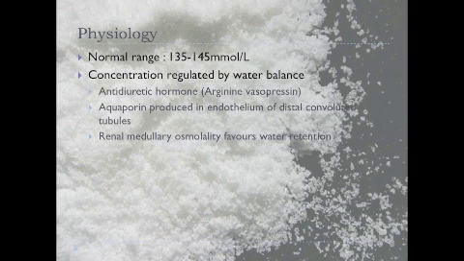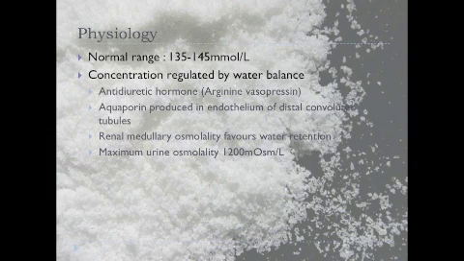When ADH secretion is maximally stimulated, the urine can be concentrated to nearly 1,200 milliosmoles per litre, greatly in excess of the normal plasma osmolality of 285 to 295 milliosmoles per litre.